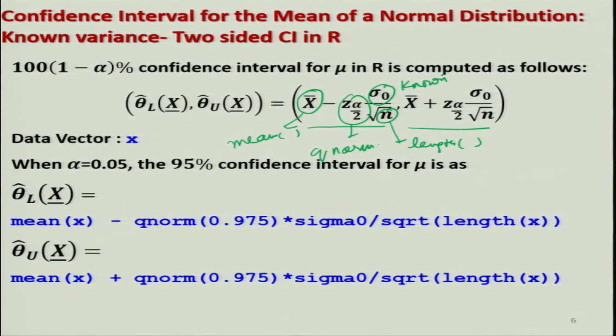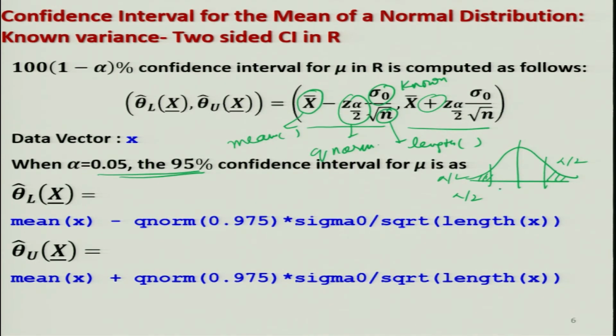So, we can very easily write a one line command for obtaining the lower limit, and similarly, by changing the minus sign to plus sign, we can write a one line command for the upper limit also, right. So, for example, if I say that alpha is equal to 0.05, so you want here 95% confidence interval. So, this area here is alpha by 2, this area here is alpha by 2. So, alpha by 2 is going to be here 0.025, right.